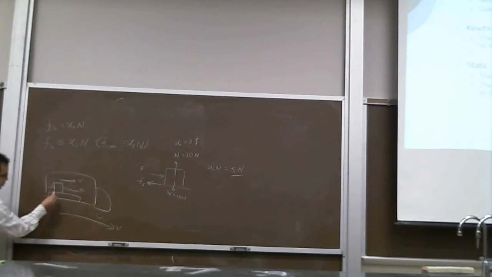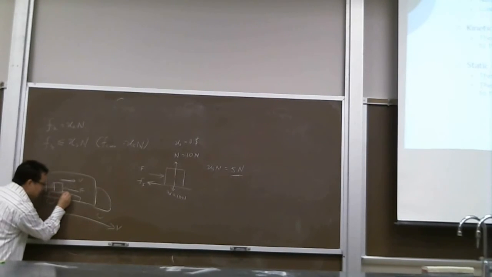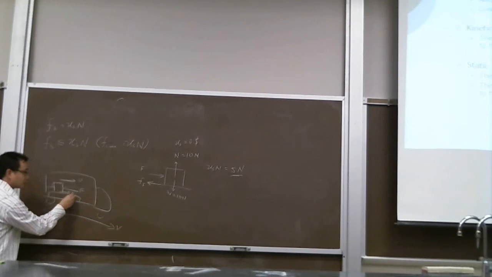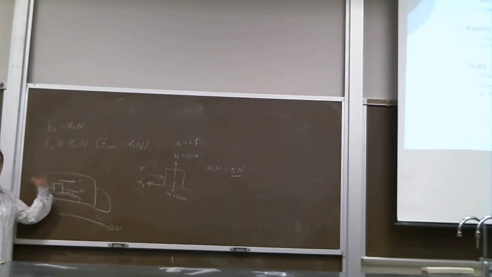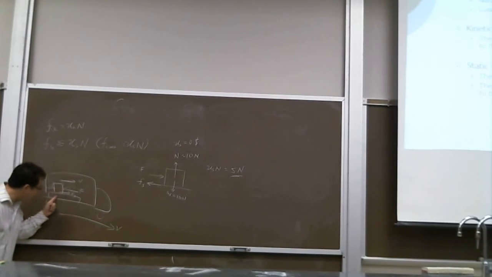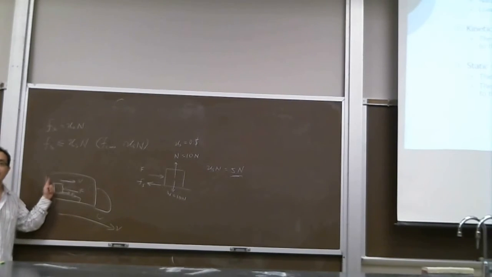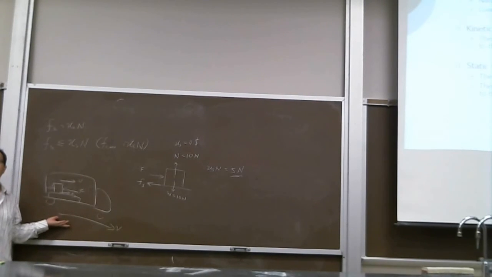So in this case, you will have some static frictional force in this direction. Please note that that's static friction, because when we talk about motion to determine the frictional force, we're talking about the motion relative to this contact surface, not the motion relative to the ground.